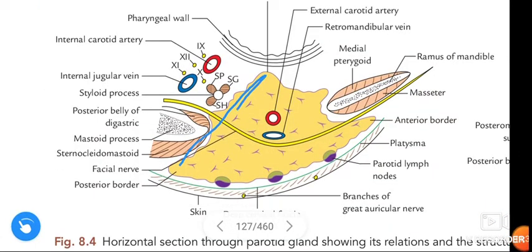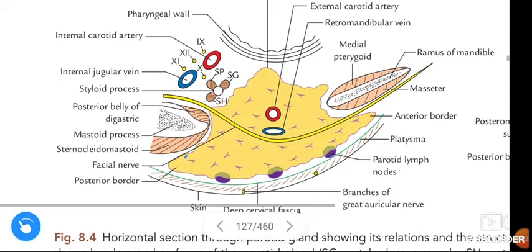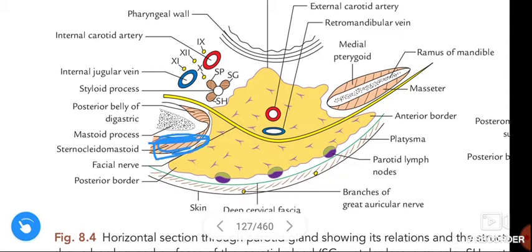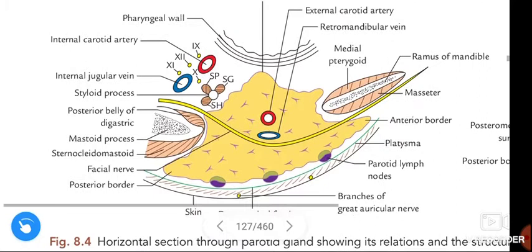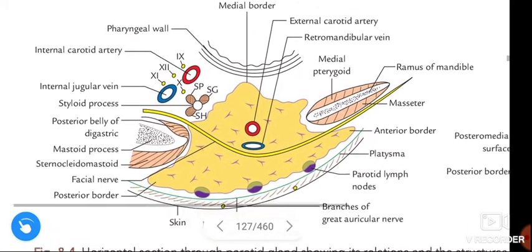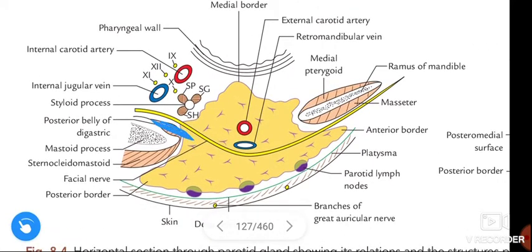This is the posterior medial surface. This is the sternocleidomastoid, and this is the posterior belly of digastric.